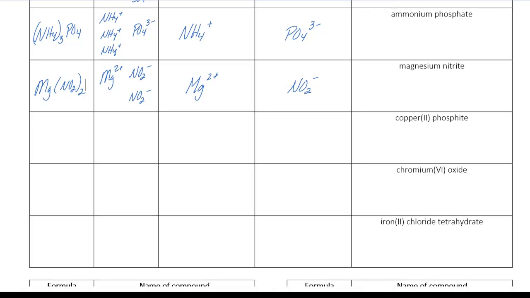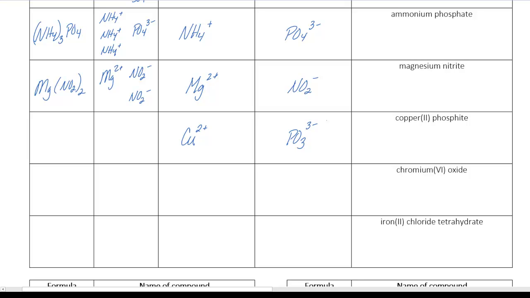Moving down, we have a transition metal, so we have copper(II) phosphite. Since it's copper(II), we know that we need to include a charge of 2+ on the copper. The phosphite is one of our polyatomic ions, and it's similar to phosphate but not identical.